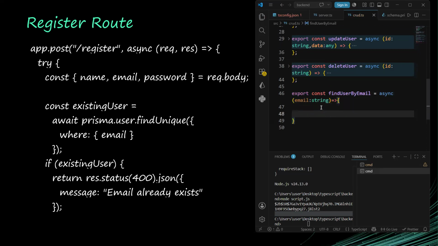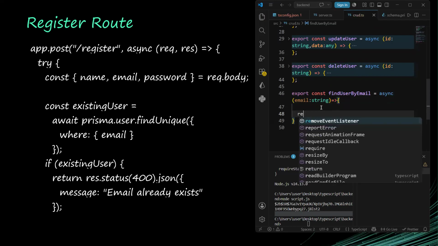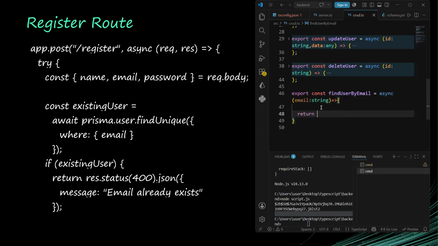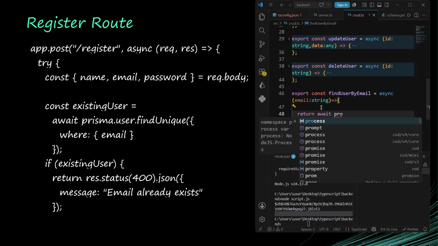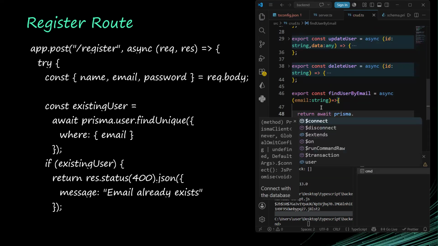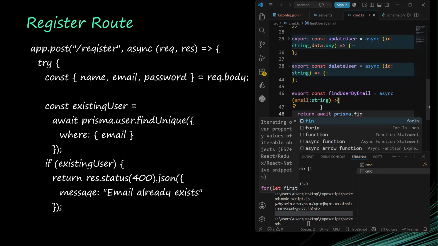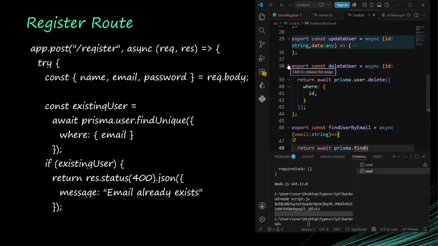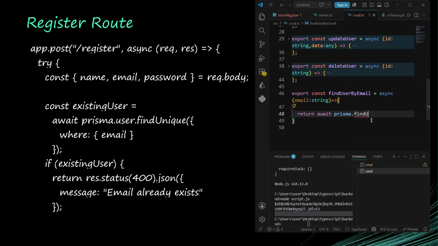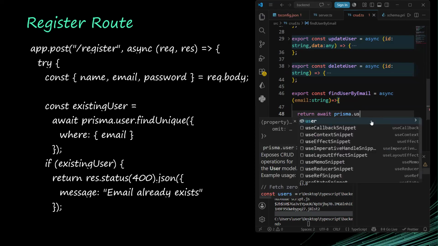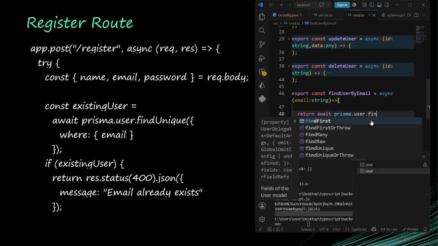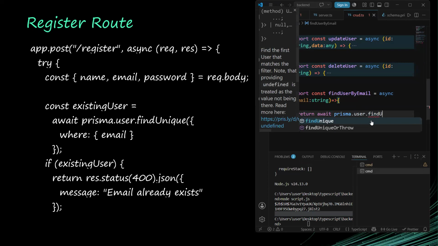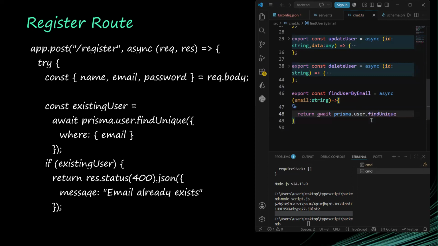So we say return await Prisma dot user dot findUnique. As it was not giving me intellisense, I knew that something was wrong.